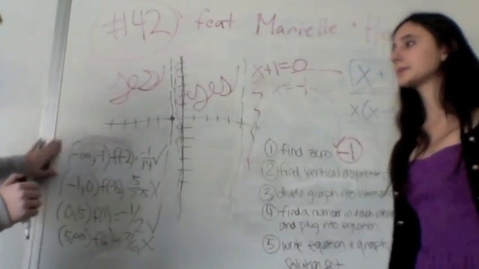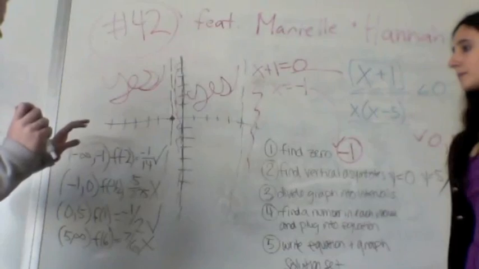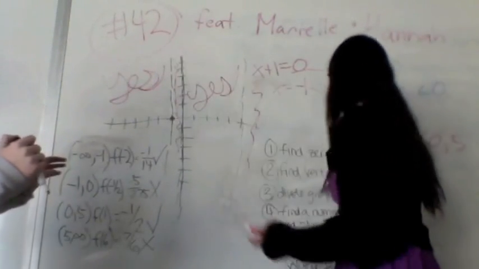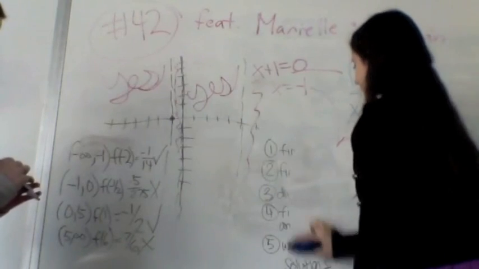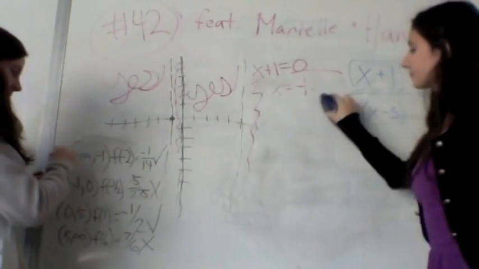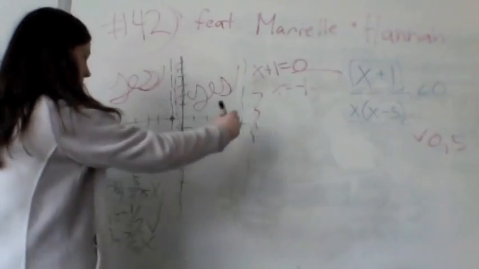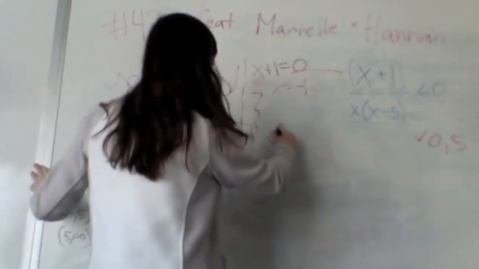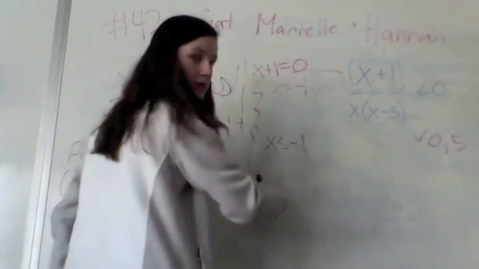Now that we have tested all of our intervals, we're going to write a solution set based on the graph. So here, I'll erase this so that we have a place to write it. We know that between negative infinity and negative 1, we can say x is less than or equal to negative 1. That is one part.